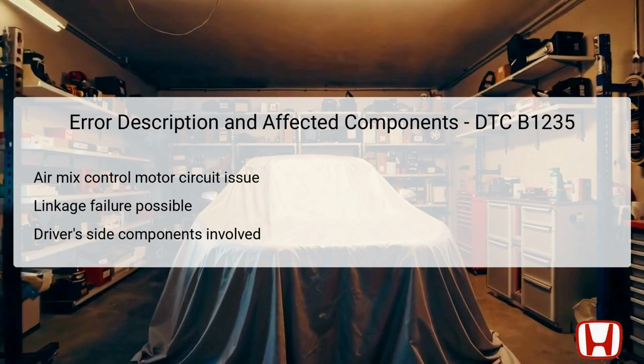Additionally, the linkage is the mechanical aspect that connects the motor to the air distribution doors, allowing for adjustments to airflow direction and temperature. Identifying the exact point of failure in this system is vital for restoring proper functionality.